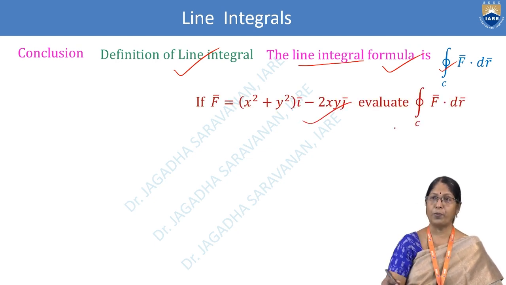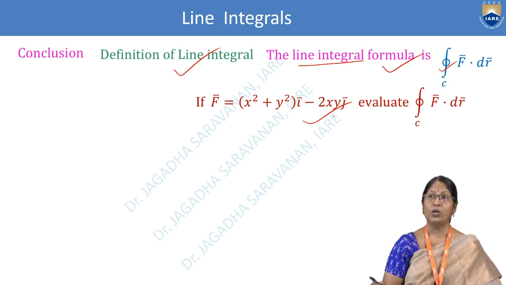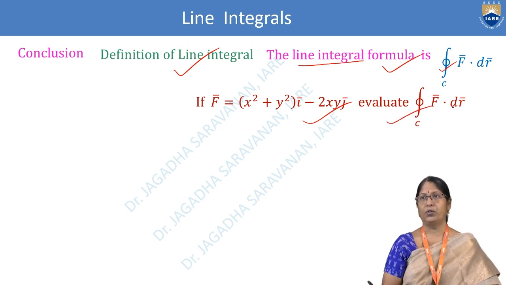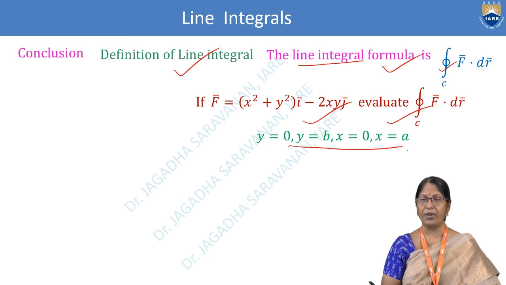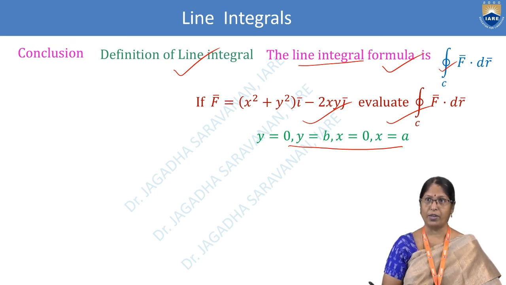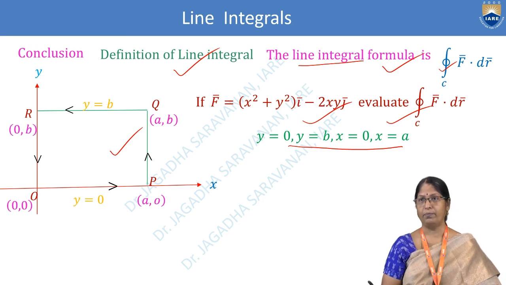We have taken the problem F equal to x square plus y square i minus 2xy j, and we are asked to evaluate F dot dr, and these conditions are given to form the bounded region. Along that we have drawn the diagram.